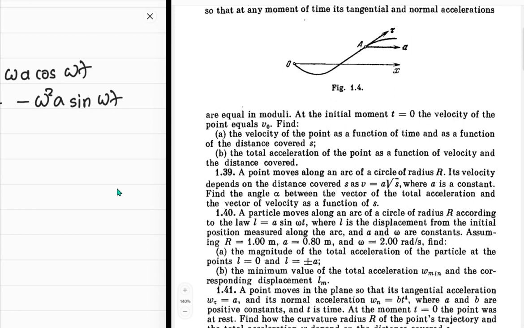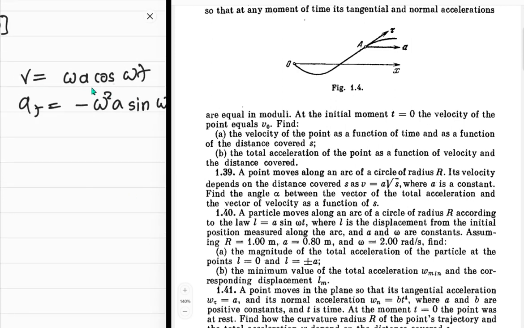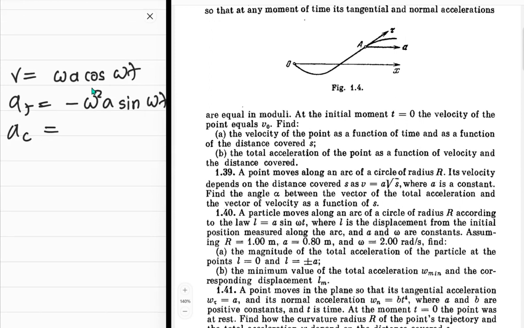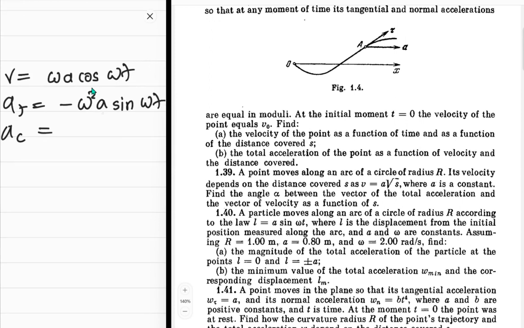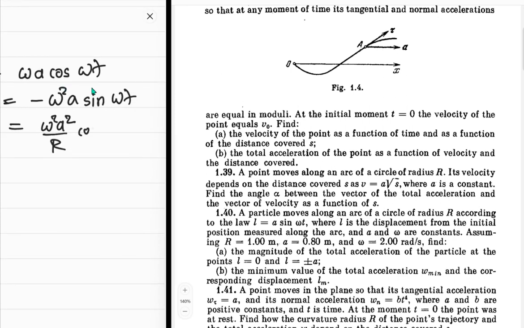Initially, t equal to 0, your v is in fact not 0, and that makes perfect sense. This is something like harmonic motion. And centripetal acceleration will just be equal to this speed squared upon r, so that will be omega squared A squared upon r, times cosine squared of omega t.